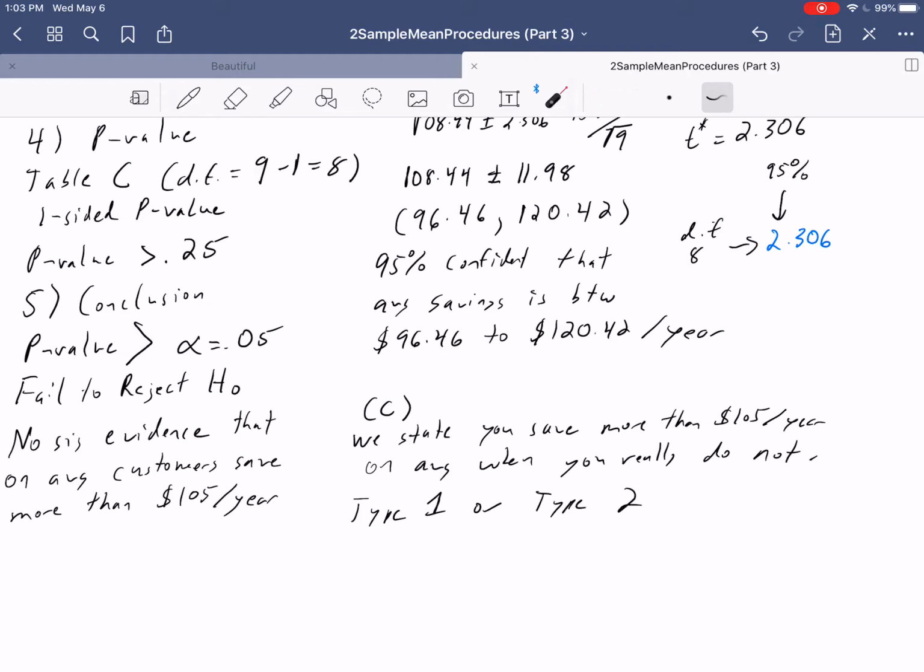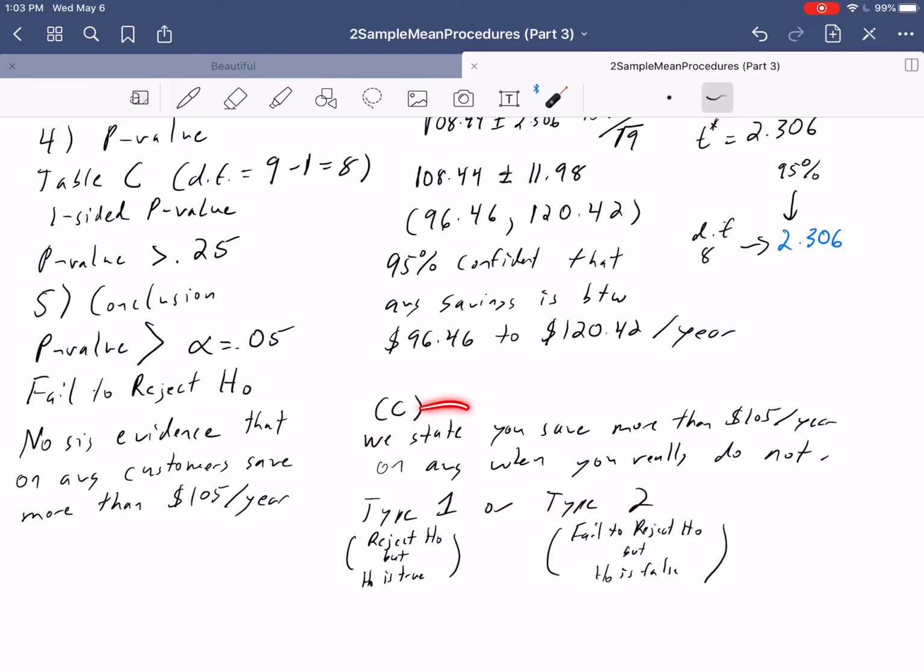Well, we can do that by remembering that type 1 is where you reject H0, but H0 is true. And remember, type 2 is fail to reject H0, but H0 is false. So, which one is this going to be?